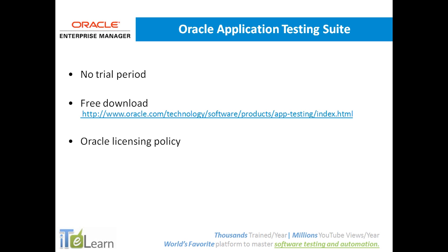But here, the best part is you don't have any trial period, and we can freely download it once we have an SSO user login. That is, if I am registered with Oracle as a single sign-on user, we can freely download it with the given link. And yes, we have to adhere to the Oracle licensing policies: when we download this Oracle suite, we cannot use it for real-time applications.